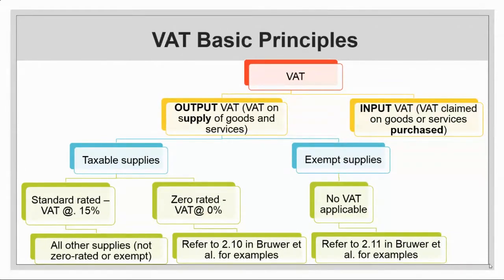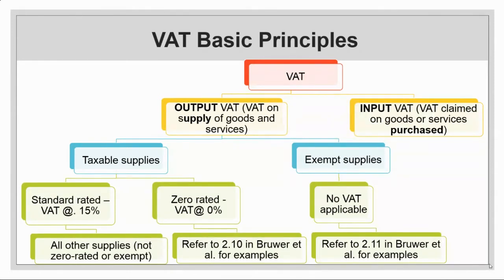Then if we have taxable supplies, we need to go look at, is it standard rated or zero rated? Now, the easiest way to determine this is you start with zero rated. There is a list in your textbooks under point 2.10 that documents all the zero rated ones. Now your basic things is your basic foods is zero rated.